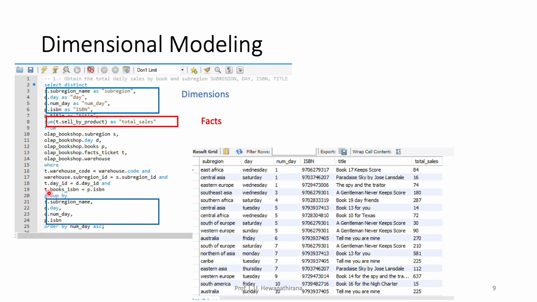So the dimensions help us to group by, and the facts help us to do the aggregations. Finally, when you write the SQL query like this, you get this table: the sub-region, the day, the number of the day, the ISBN, the title of the book, and total sales. So this answered our question.